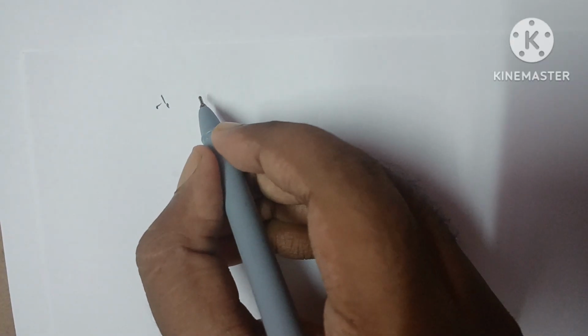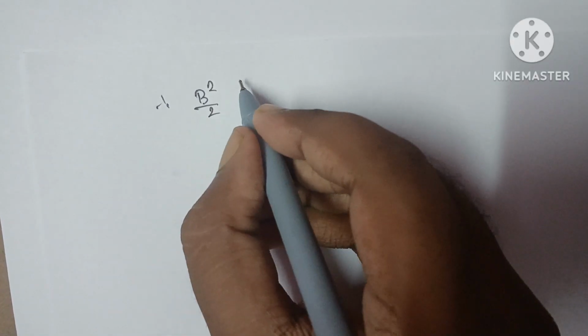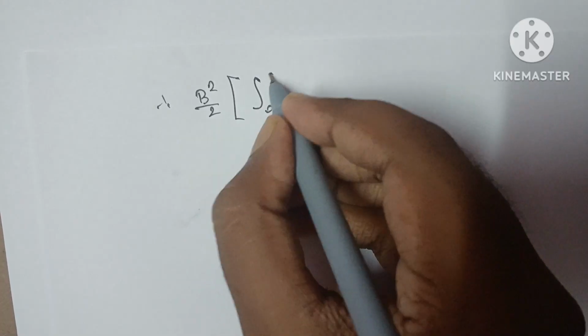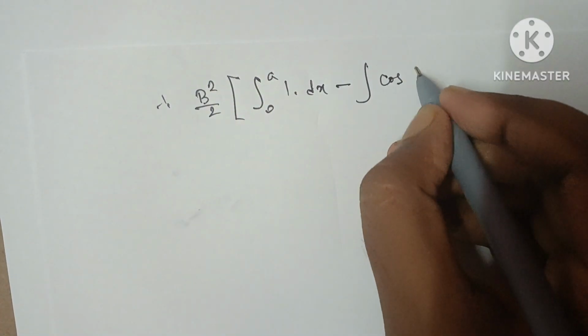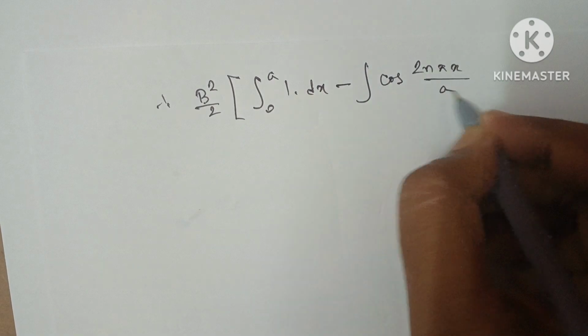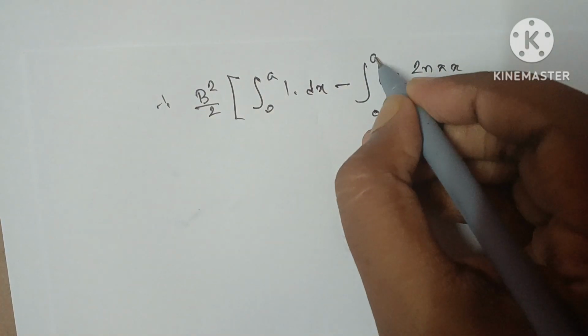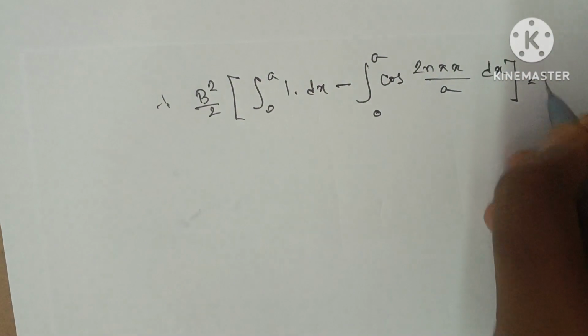Therefore we have b square by 2 times the integral of 1 dx minus the integral of cos 2 n pi x over a dx, from 0 to a, equal to 1.